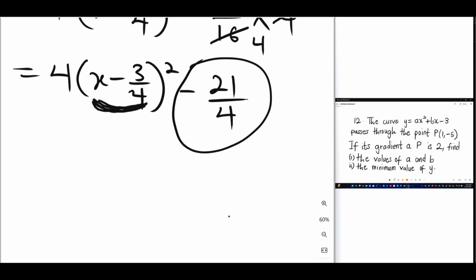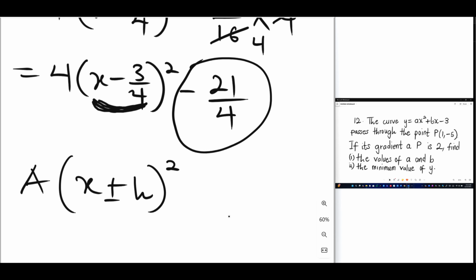Suppose you have it in this form, this is how the expression should be: x plus or minus B, squared, and then plus or minus C. The plus or minus value determines your maximum value or your minimum value. And the x plus or minus B is used to obtain where the maximum or the minimum value occurs.